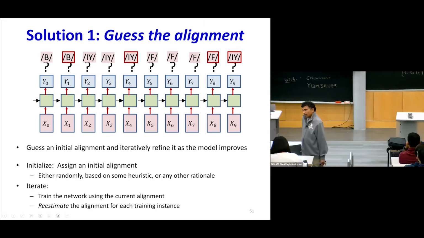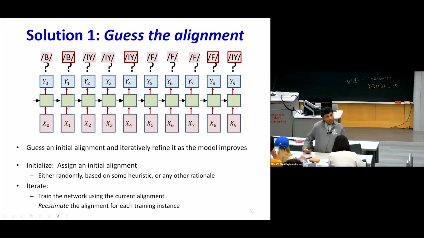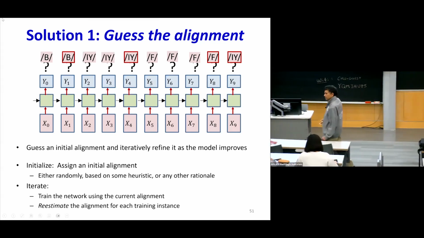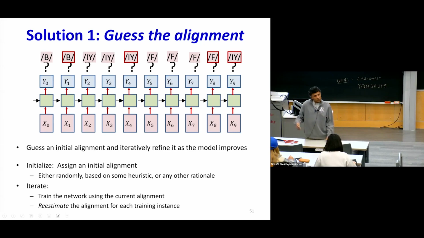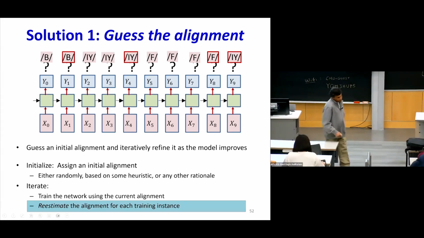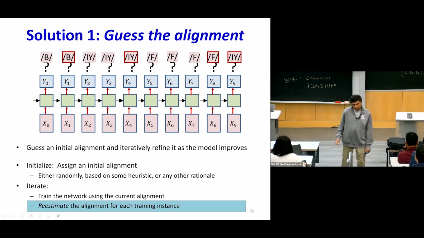But then once you train your model, you can use that model to go back and update your guess for the alignment, refine it, and then repeat the process: re-estimate, go back and retrain your model, and use your retrained model again to guess the alignment all over again. Now, the key component over here is this one. You're given the model, you're given the input, you're given the output sequence.